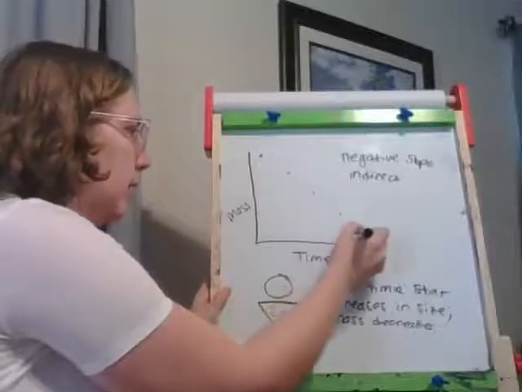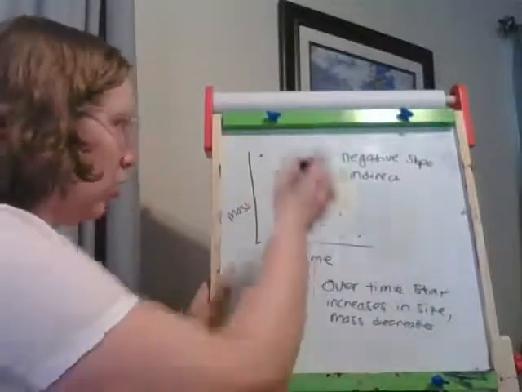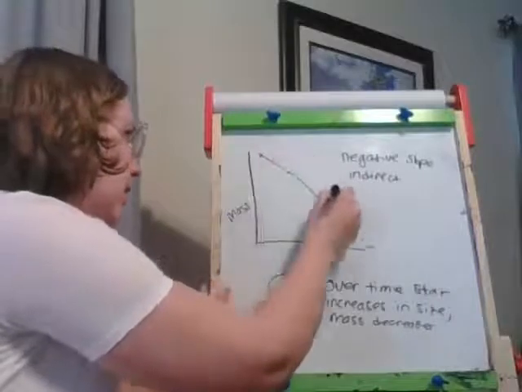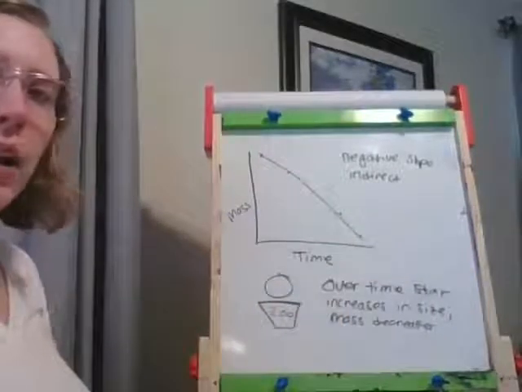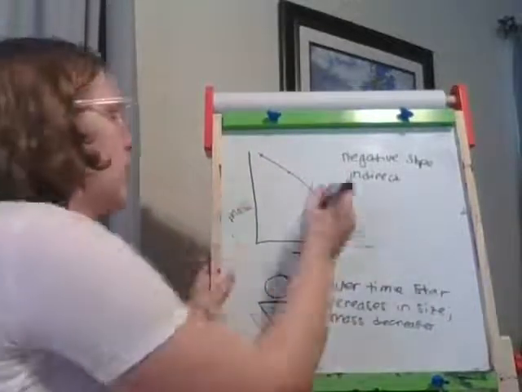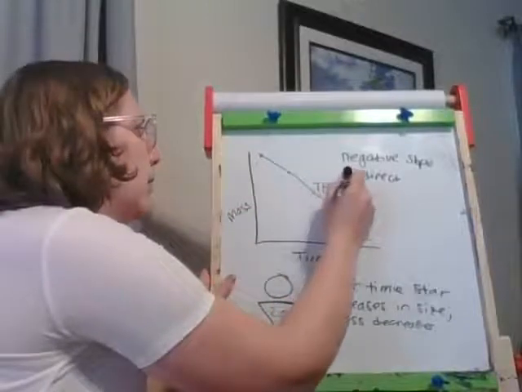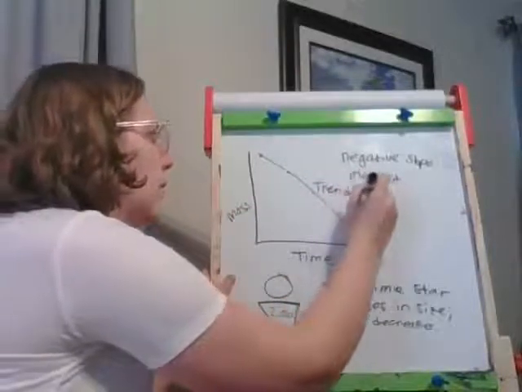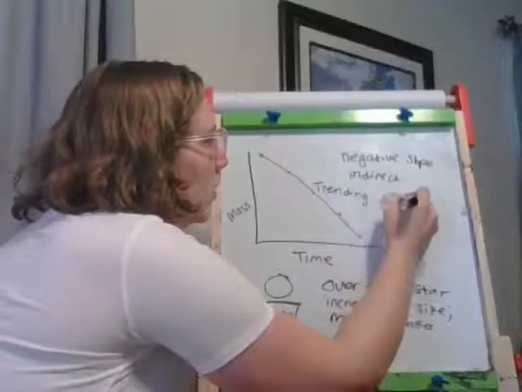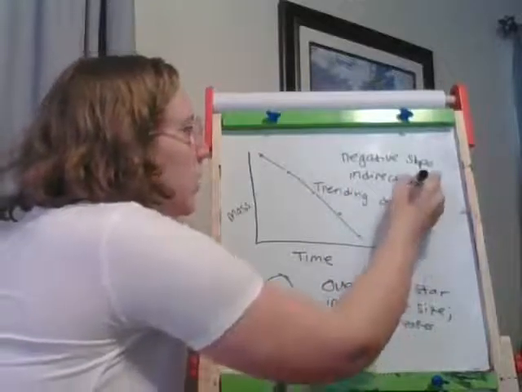So if I collected data points over time, I could connect all of this with a smooth line to represent the trend of the data. So it's trending down because it has an indirect relationship.